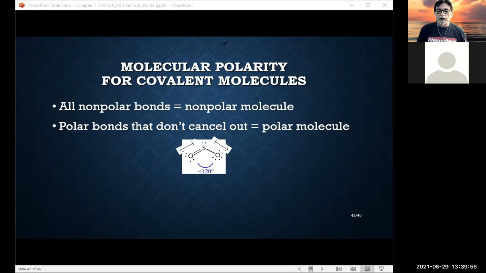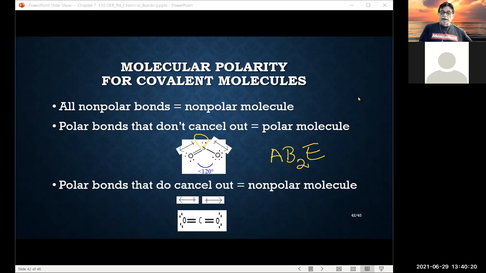The general formula: we have to do the Lewis dot structure, and you end up with AB2E. That's the general formula. You have that lone pair on the central atom, which means that you would think it's like carbon dioxide, but because of the lone pair, the angle gets squished.